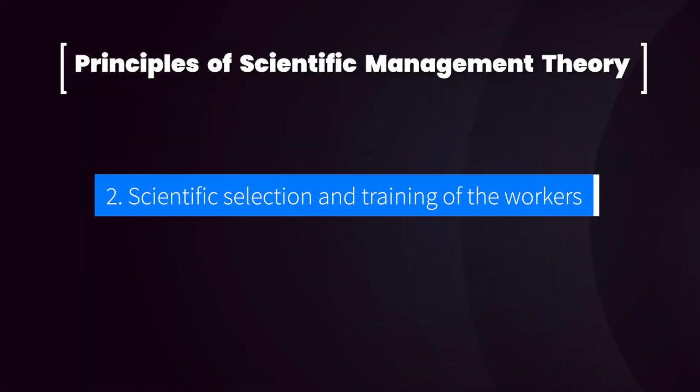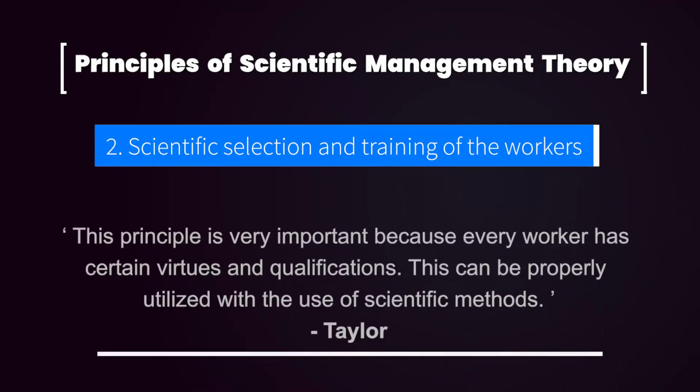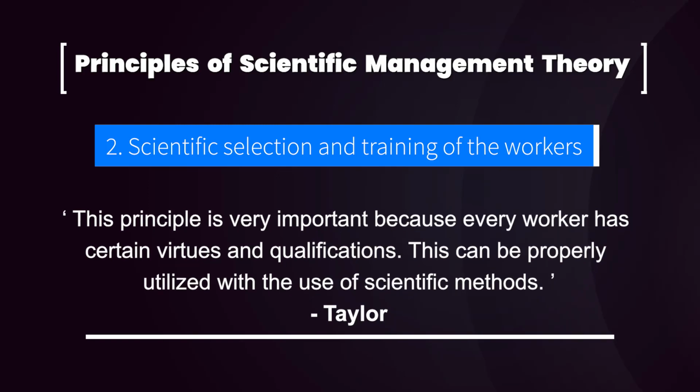The second principle is equally important because it highlights the role of the science of training and selecting the workers. According to Taylor, this role is very important because every worker has certain virtues and qualifications, and this can be properly utilized with the use of scientific methods.